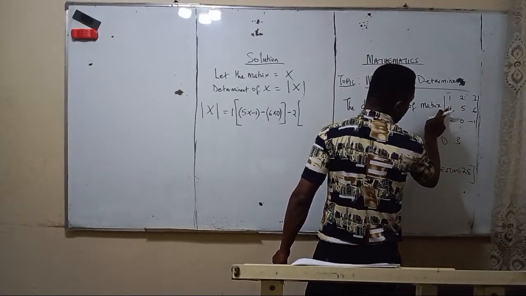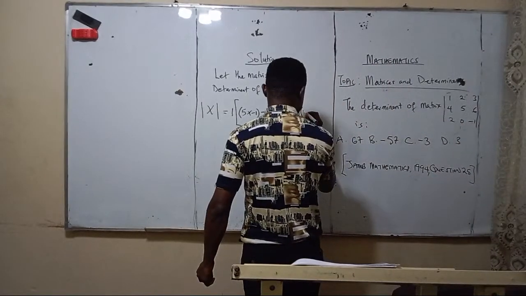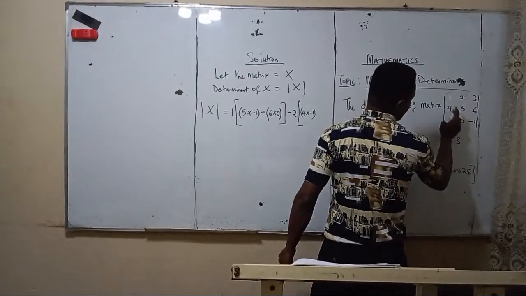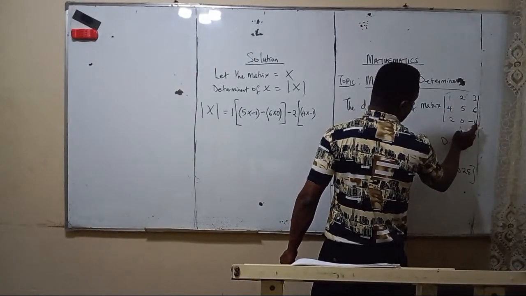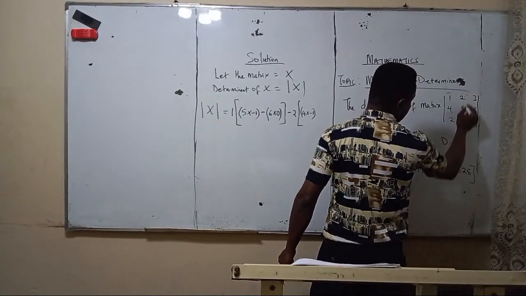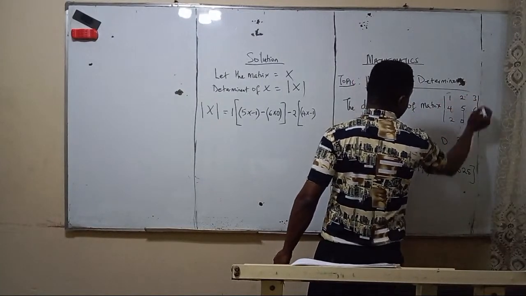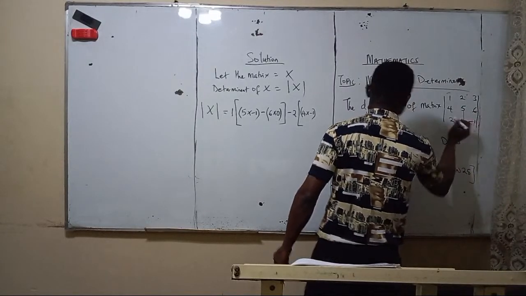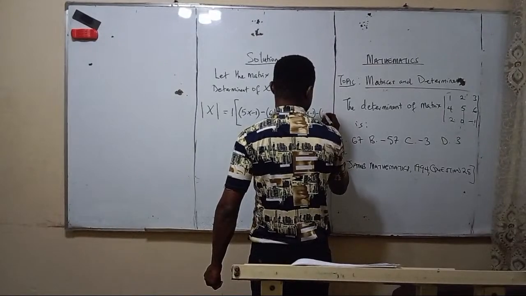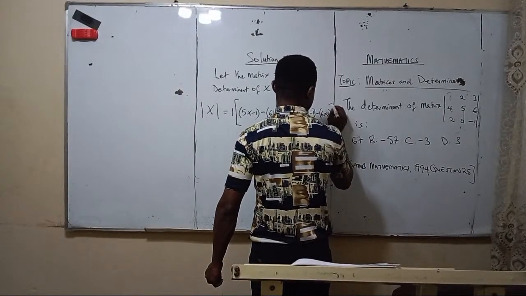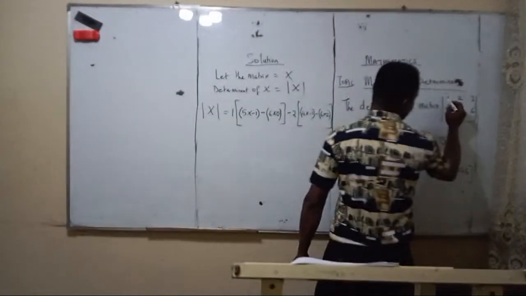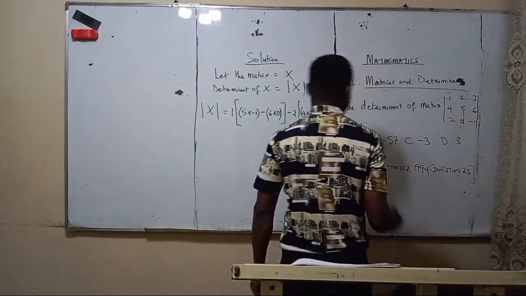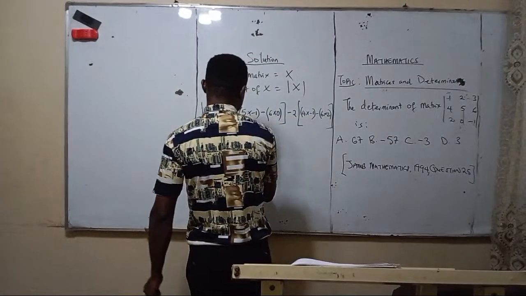So we'll do 4 times minus 1, then 6 times 2, minus 6 times 2. We close the bigger bracket. Then we move to the next one, plus.